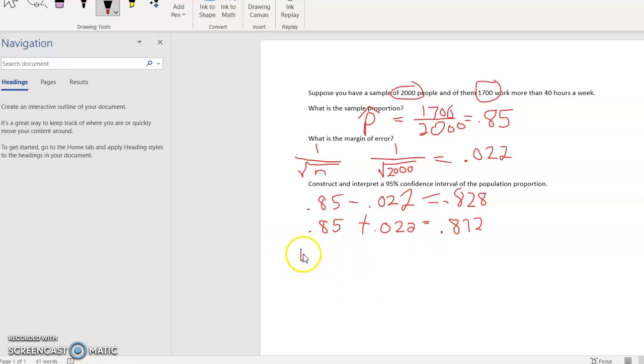We are 95% confident the true proportion.